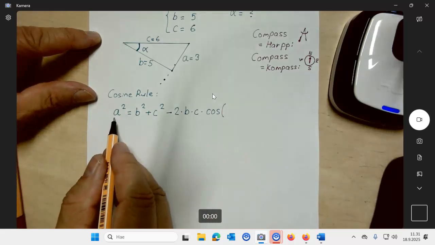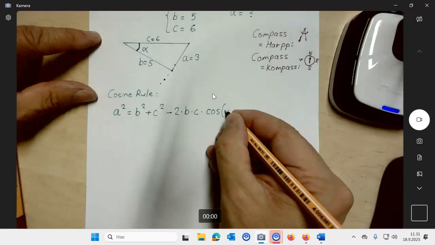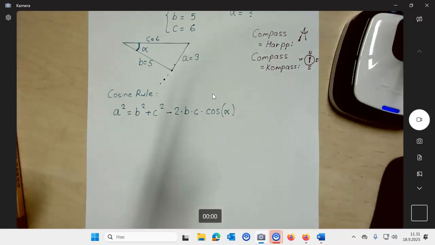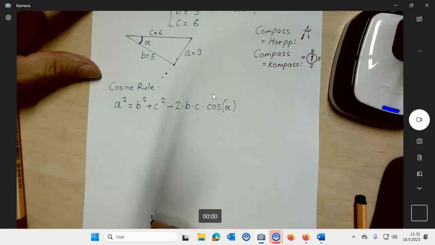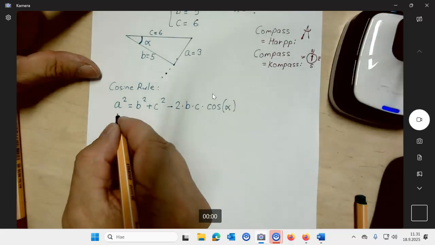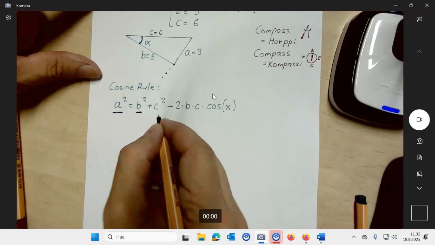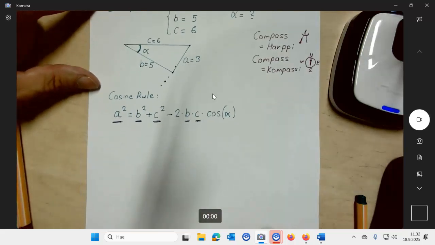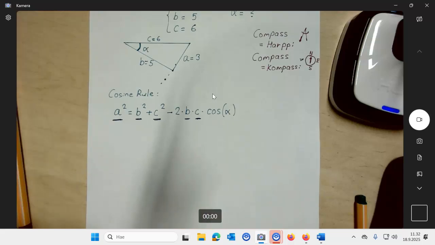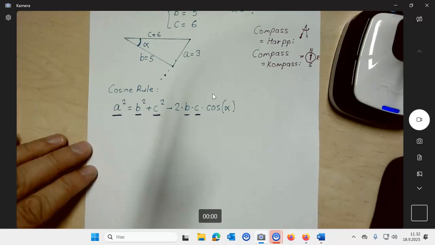Here it is A, so it has to be alpha here. So now in this equation, we know all those sides. These are all known. Only unknown is this alpha there. So how do I solve this equation?